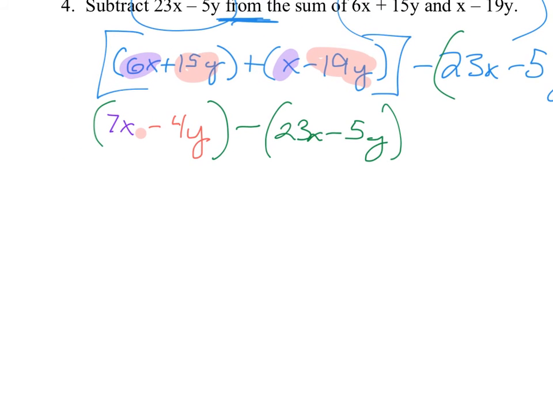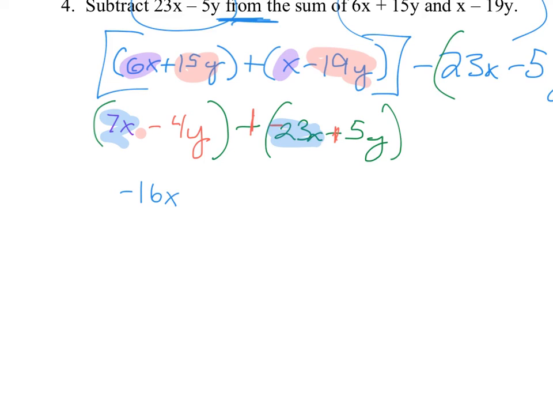So I have to distribute that negative. This becomes a positive, that's negative, and that's a plus. Now I have 7x minus 23x, which is going to give me minus 16x.